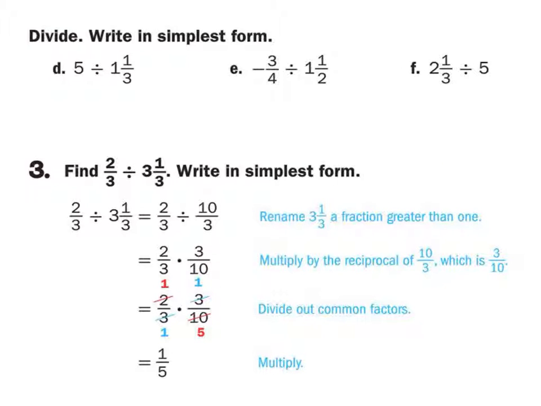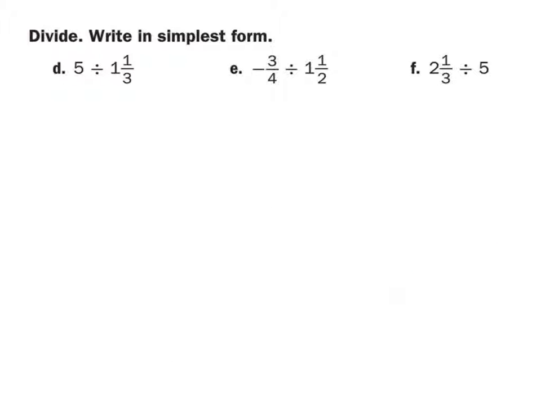Do D, E, and F. All right, Nick will do D. So since you have 5 over 1, and then you have to do that times that plus that. That equals 4/3.